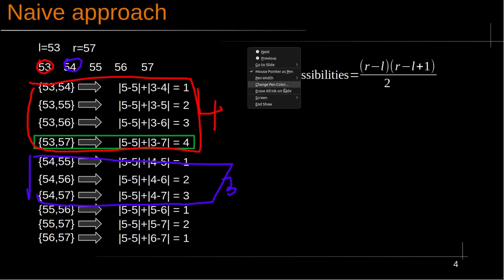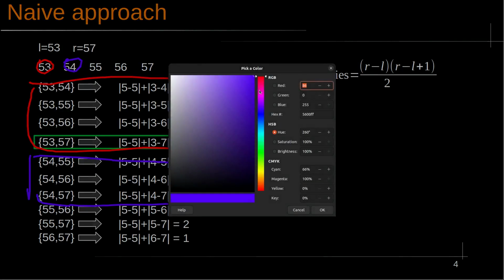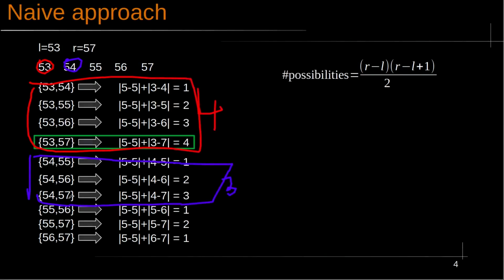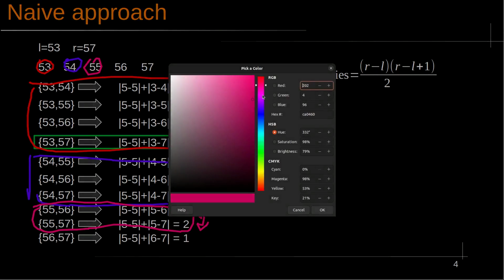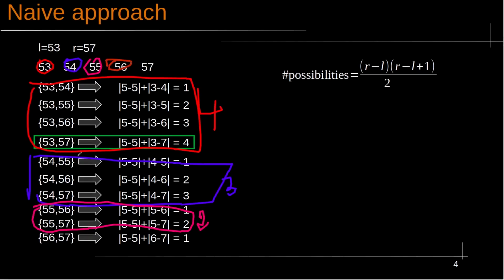If I take 55, we have 2. And 56, we have 1. Okay, the number of possibilities, of course, is 4 plus 3 plus 2 plus 1.